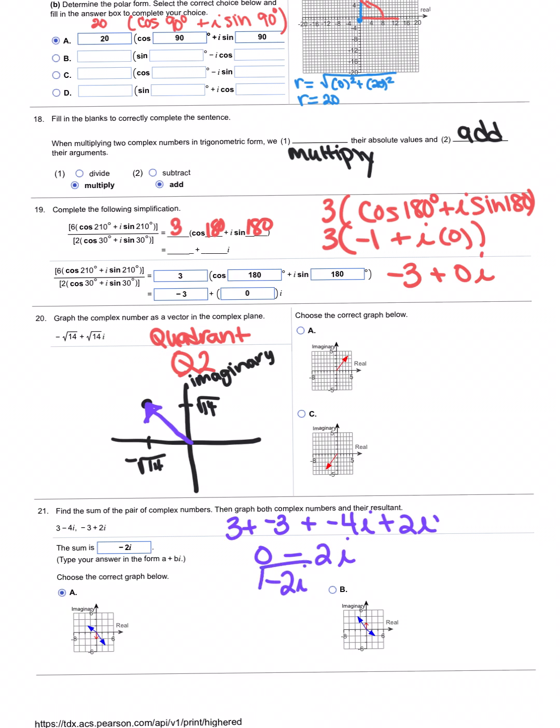So that's the sum. Now, the first vector, which is 3 minus 4i, notice that x is positive, y is negative, so that's in quadrant 4. And then -3 plus 2i, well, x is negative, y is positive, that's in quadrant 2.